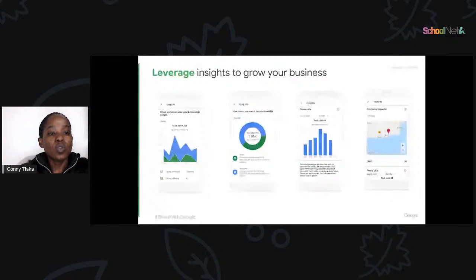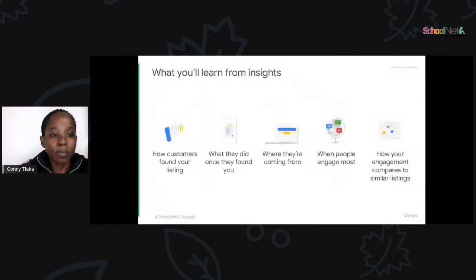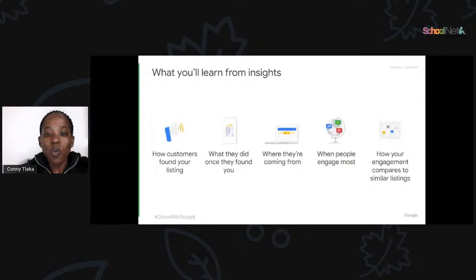What you learn from the insights is how a customer found your listing, what they did once they found you, the action they took once they found your business, and where customers are coming from.